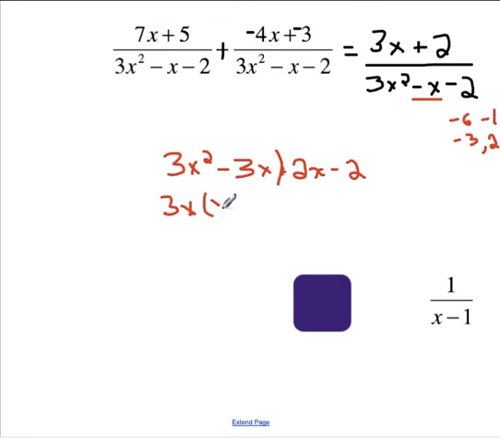I'm left with x minus 1. The last two terms, I can factor out a 2. I'm left with x minus 1. And so my denominator from my original fraction is common to both is x minus 1. And we have 3x plus 2.